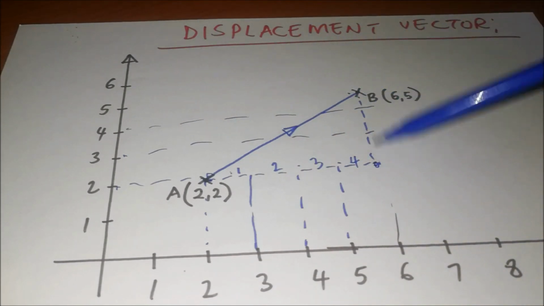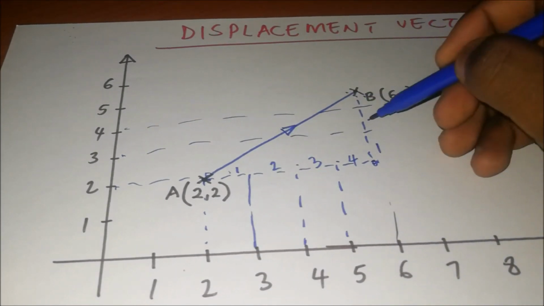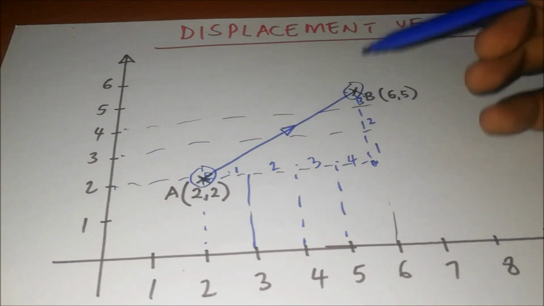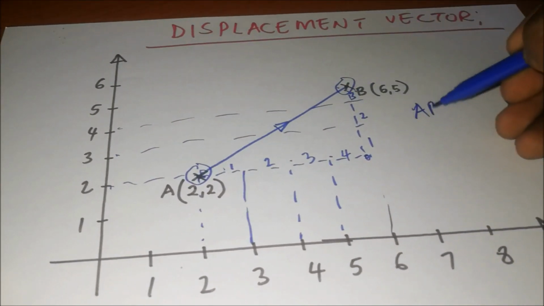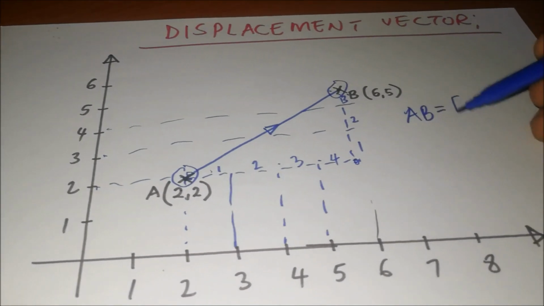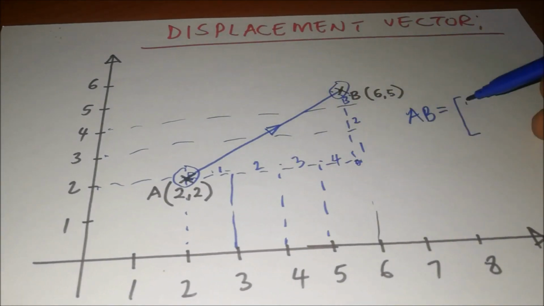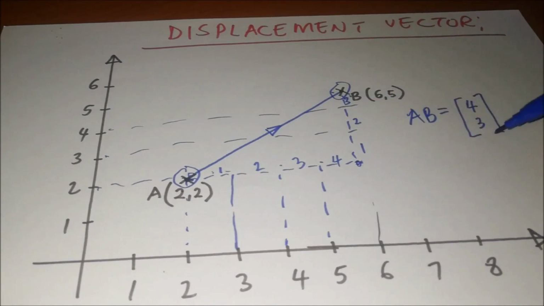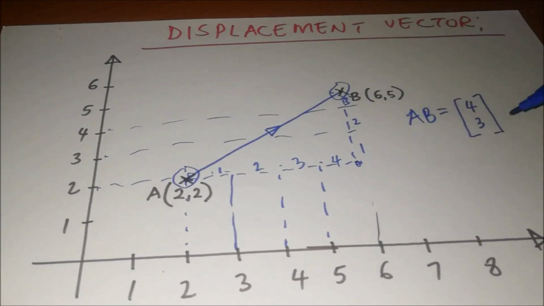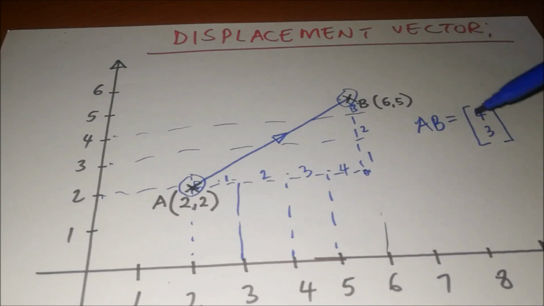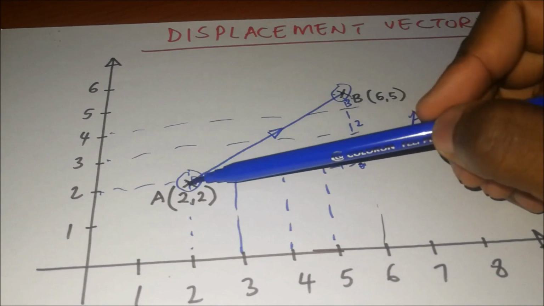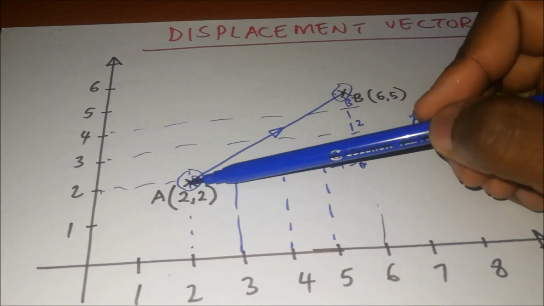For me to move from this point to that point, it would mean 1, 2, 3. So for me to move from point A to point B, that is vector AB, I moved 4 steps in the x direction and then 3 steps in the y direction. This is a column vector, but it is a displacement vector because this AB is with respect to a specific point.